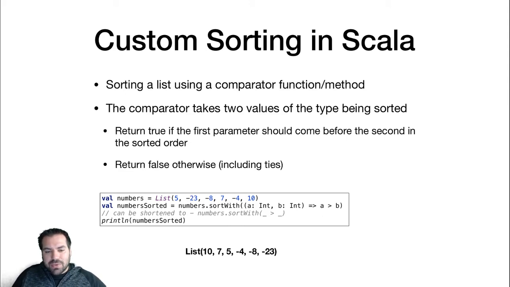And this can be used to compute equality as well. So if I have 10 and 10 as my values, I would call it with 10 and 10. That's going to return false. So I know that a doesn't come strictly before b. There's no set ordering there. But then I reverse the ordering, and I say 10 and 10. It's just the same thing. It's going to return false again.